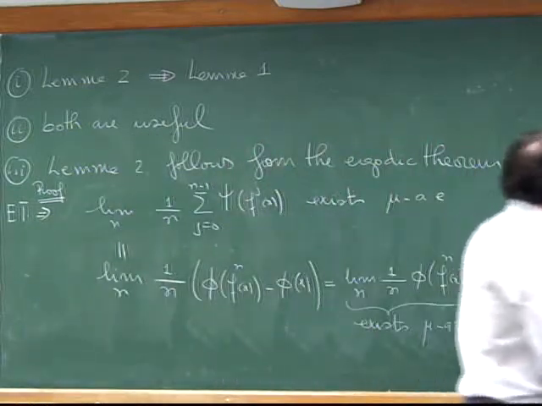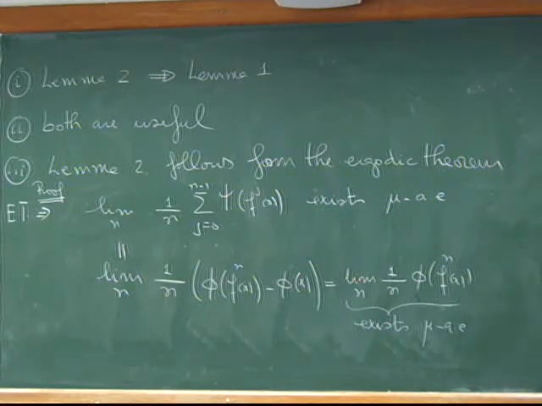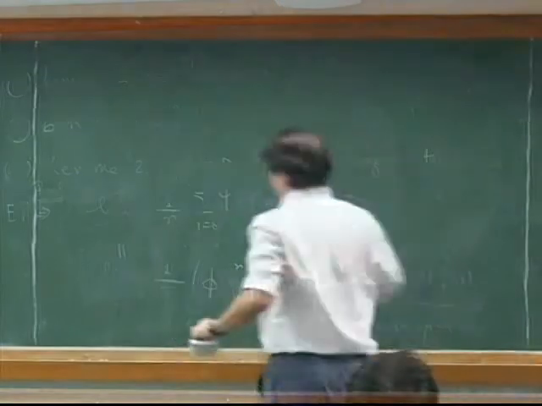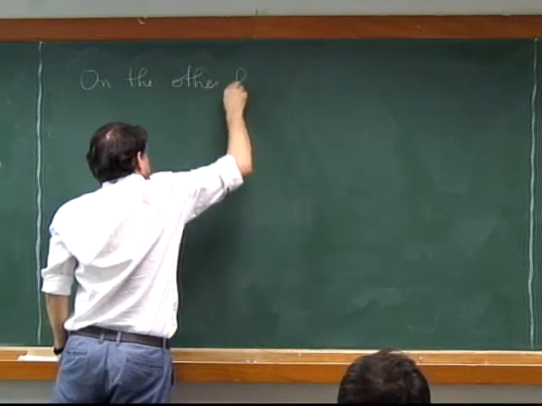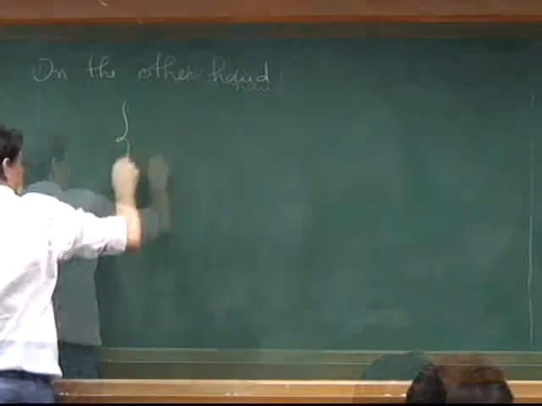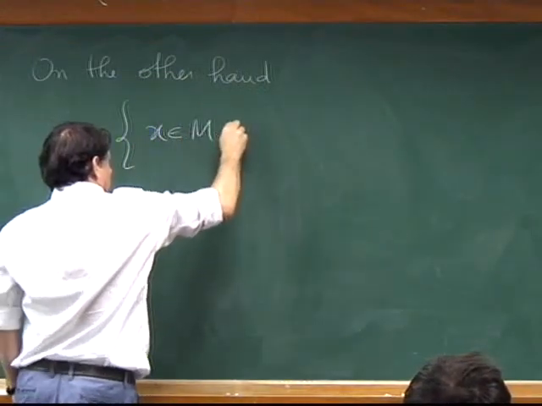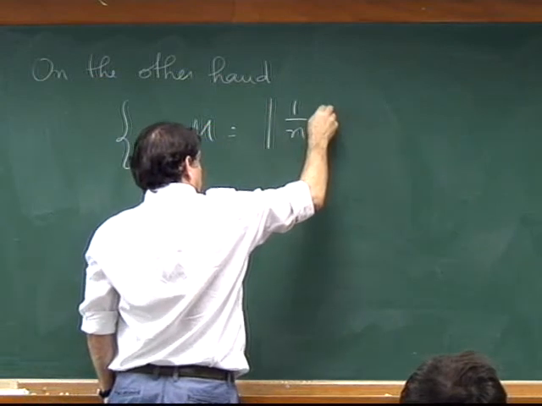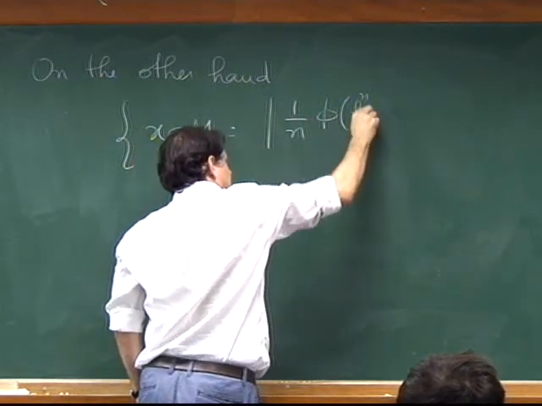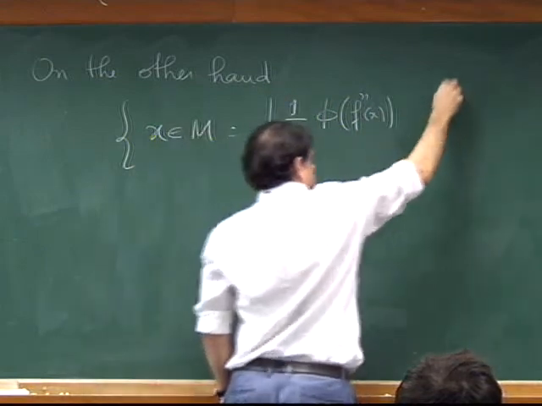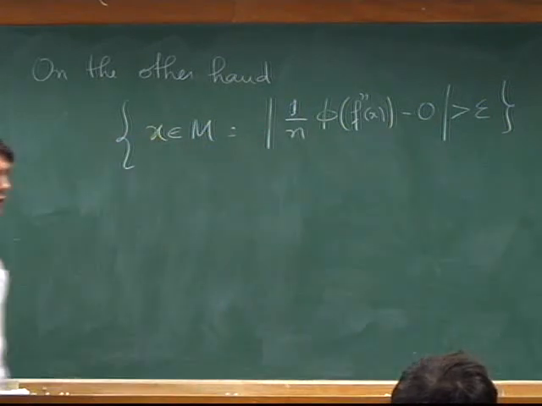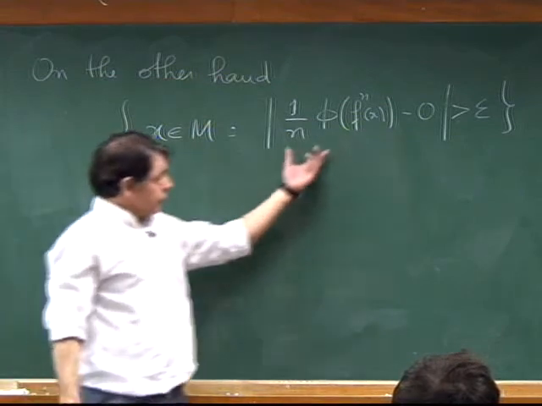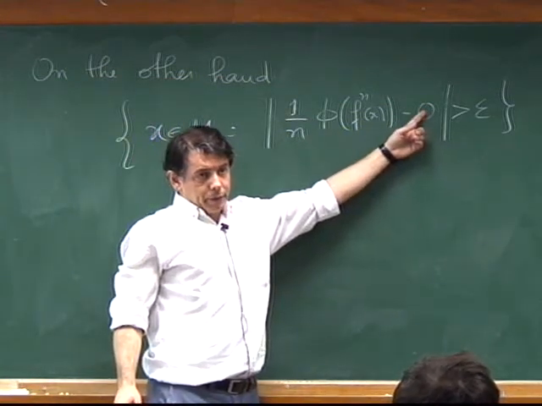On the other hand, if I look at the set of points where 1 over n phi f^n of x is bigger than epsilon, I'm going to write minus 0 here just to stress that I'm looking at the difference between the sequence and my candidate as the limit.